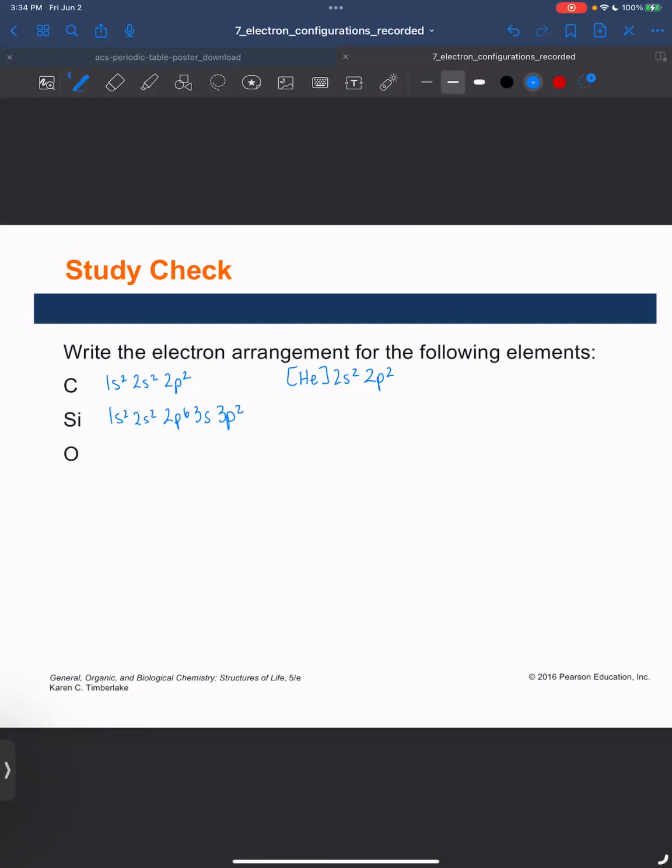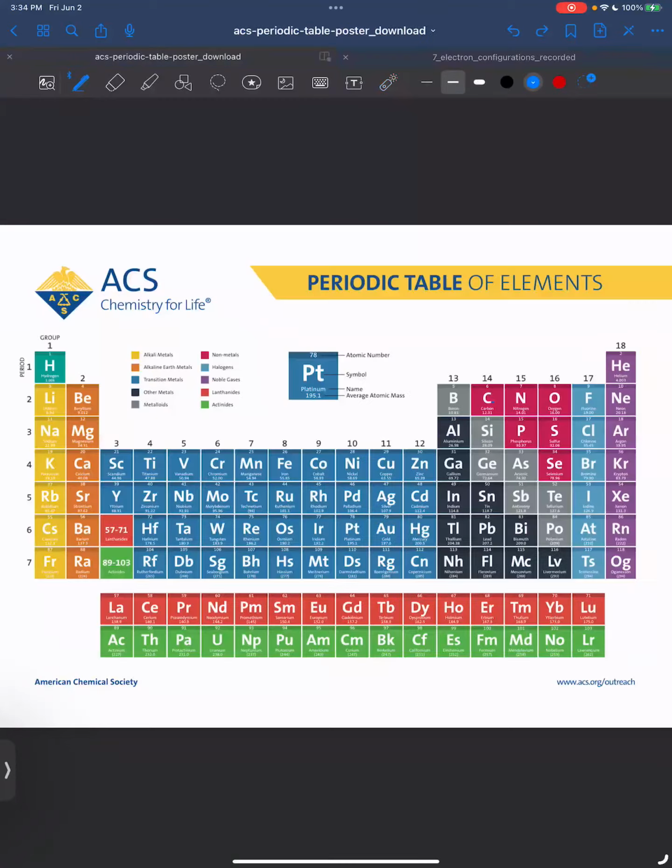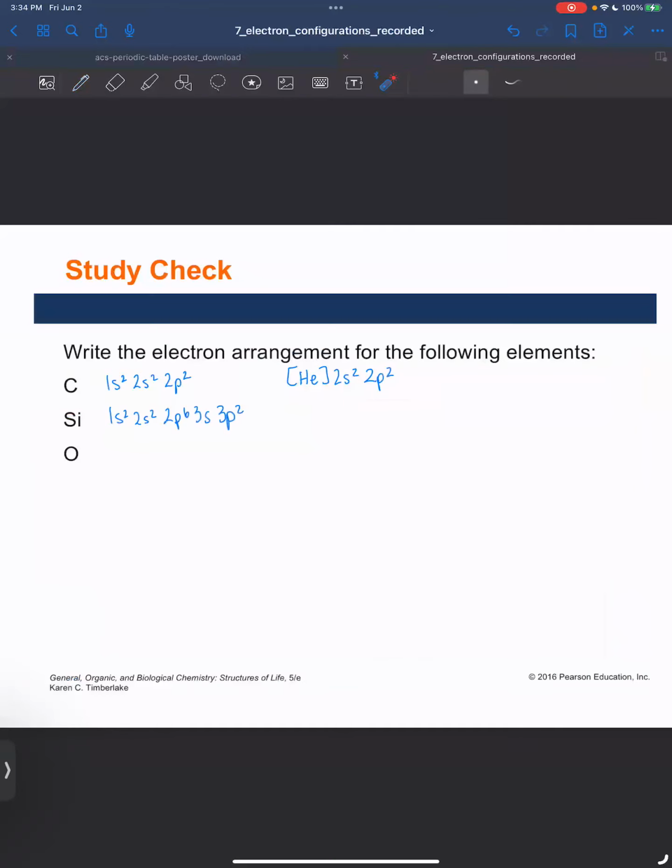So we have 1s2, 2s2, 2p6, 3s2, 3p2. And what is the nearest noble gas that precedes it? It is neon. Good. So then neon is 1s2, 2s2, 2p6. So this is neon's configuration. So what's left over? Sorry, that should have been a 2. 3s2, 3p2.